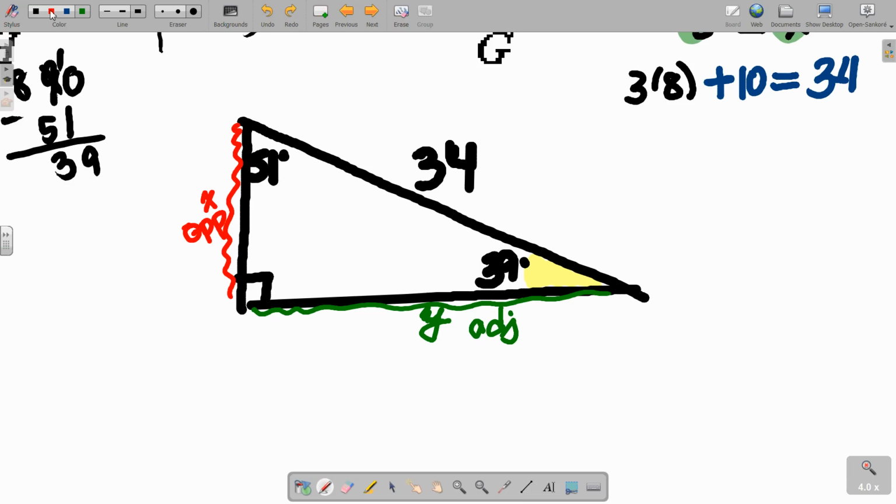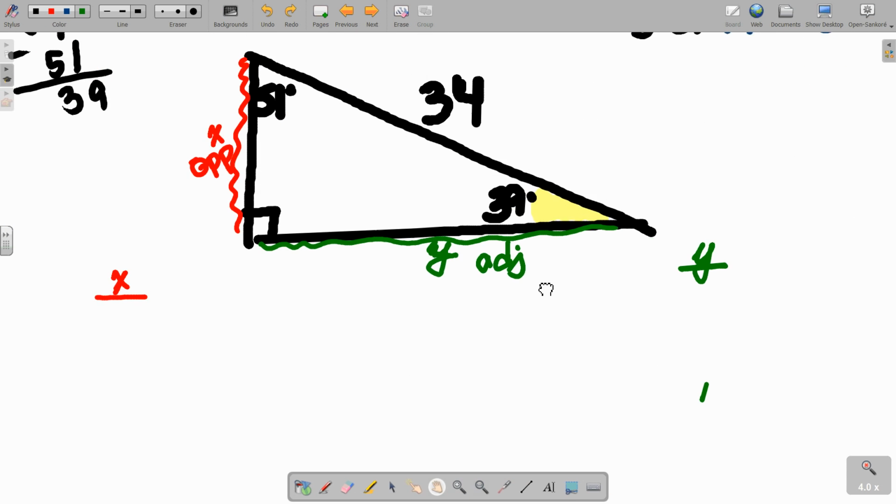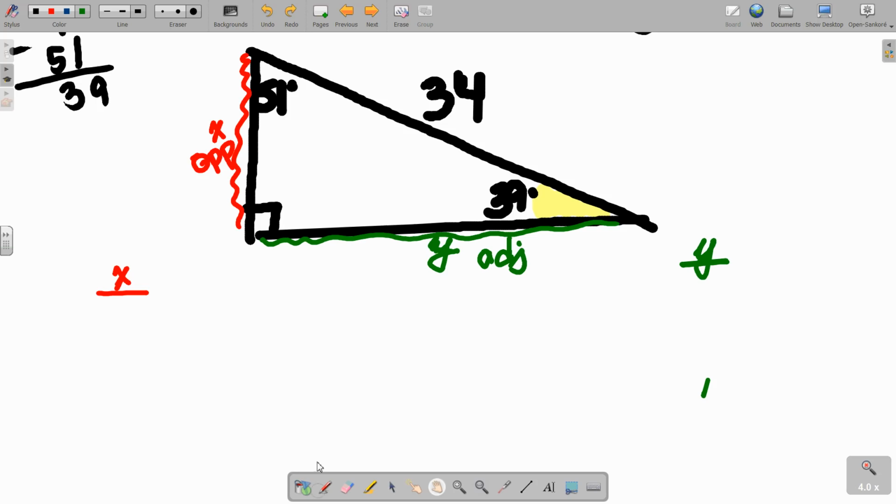So we're going to solve for X and Y. So have, need, do, folks. Have, need, do.